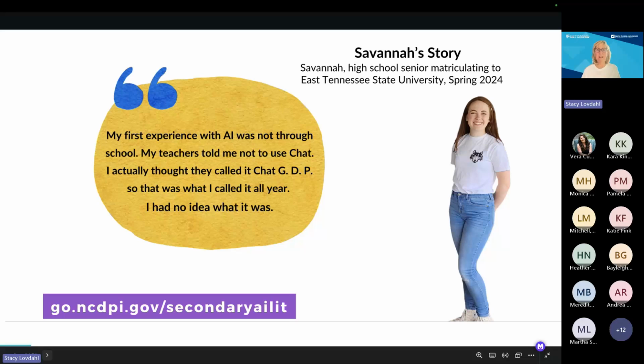She is actually going to East Tennessee State University now, but at the time she was a senior in high school, and she shared a little bit of her story with us about her experience with AI in school, where her teachers basically told her not to use ChatGPT, but she called it Chat. She actually thought that it was called Chat GDP, and that's what she called it all year. She really had no idea what it was.